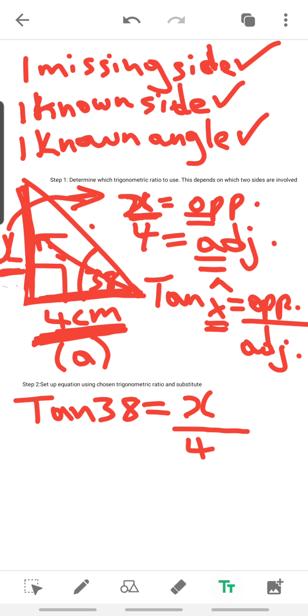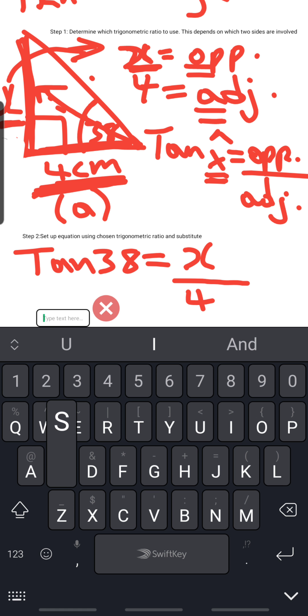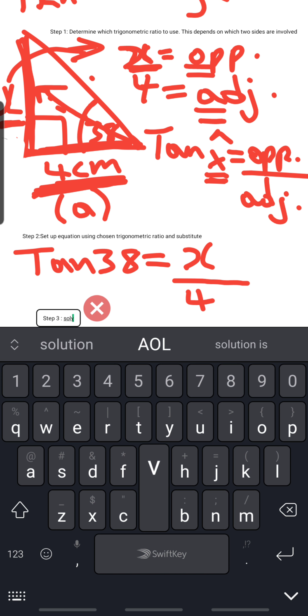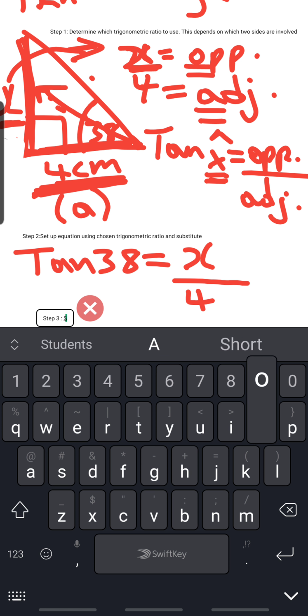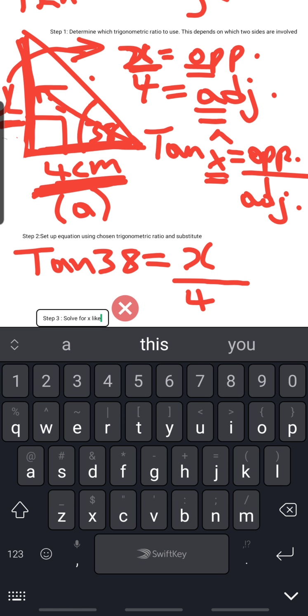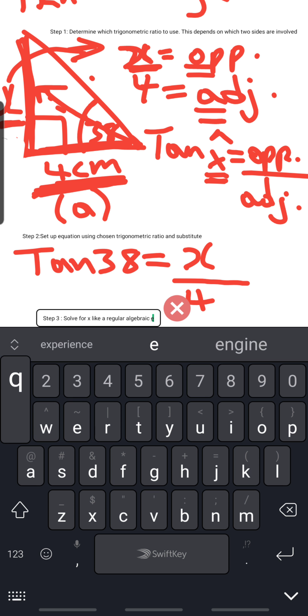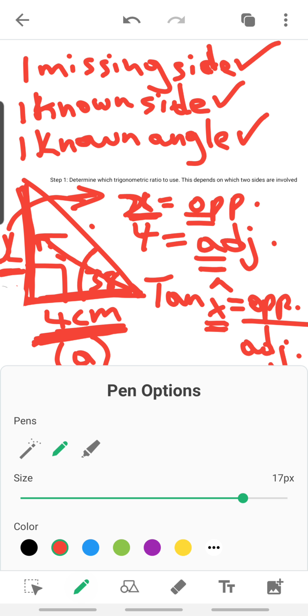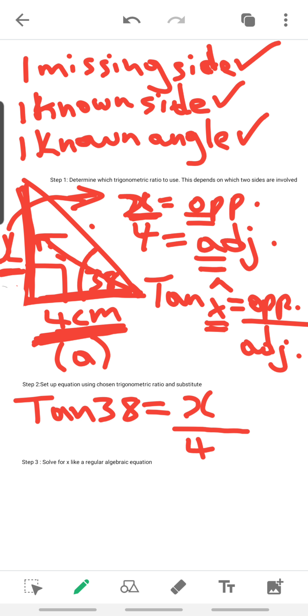So now we have step 3. We're simply going to solve for x like a regular algebraic equation. Because we have fractions involved, our first job is to turn this tan 38 into a fraction.